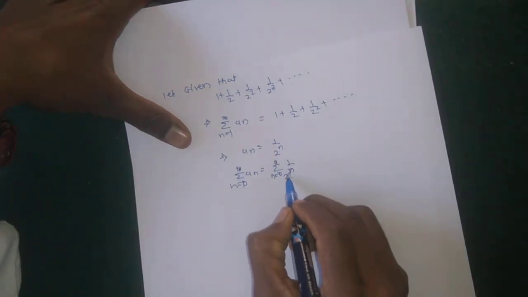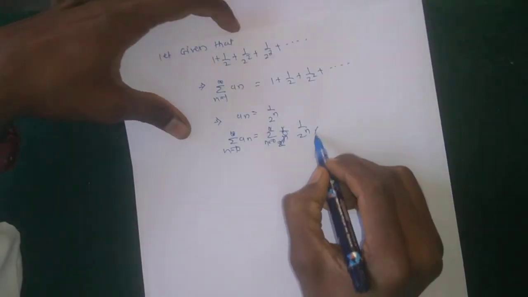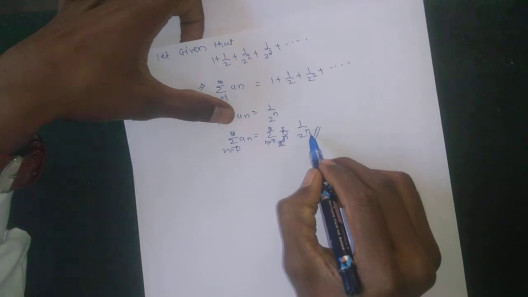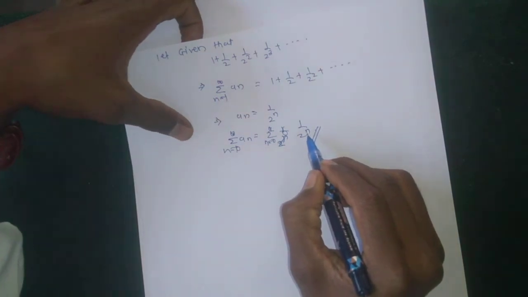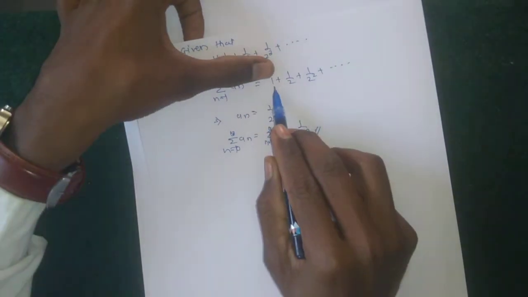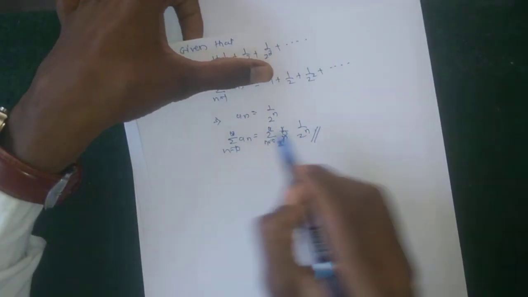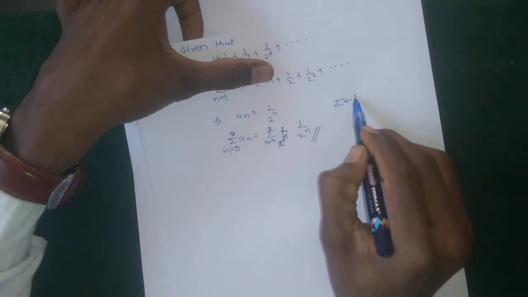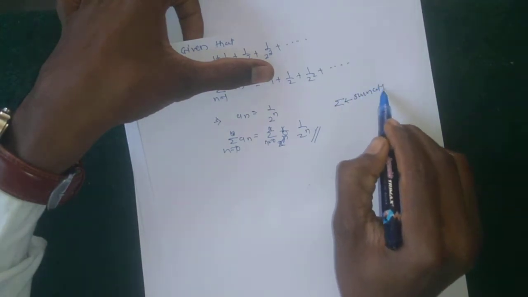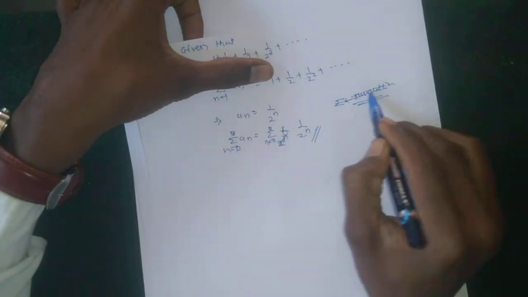So 1 upon 2 raised to n. In this an, if we take n equal to 0, then 1 upon 2 raised to 0 is equal to 1. This sign is a summation, that is, adding term by term.